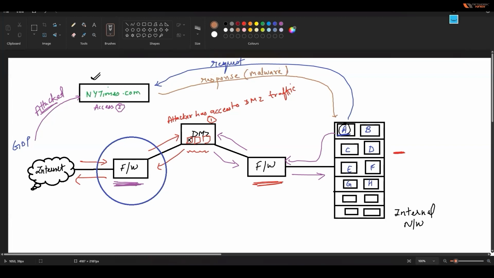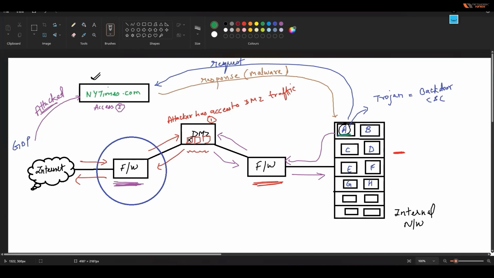So we can say we added a Trojan. Just to simply understand this thing, we added a Trojan in the response that will give me backdoor access. So once your Trojan is present over here, it will give you backdoor access. The backdoor means C&C. As an attacker, now I have access to this particular system.